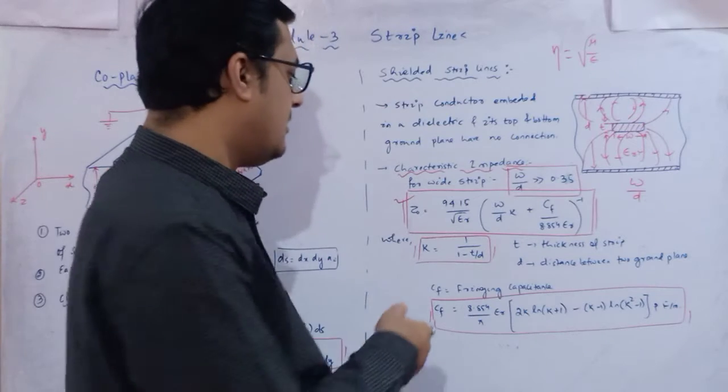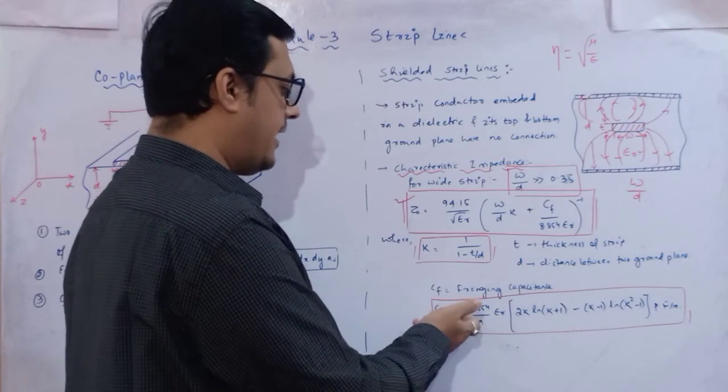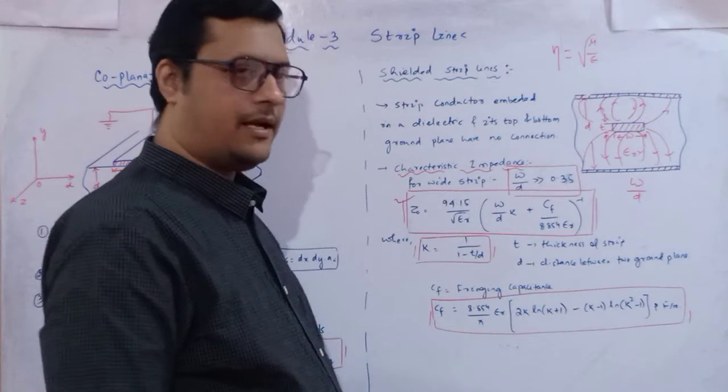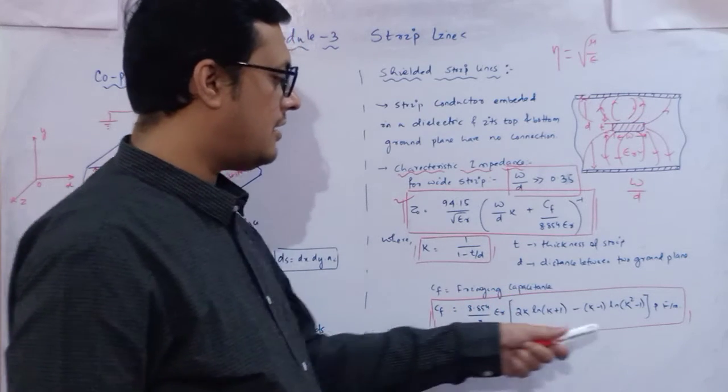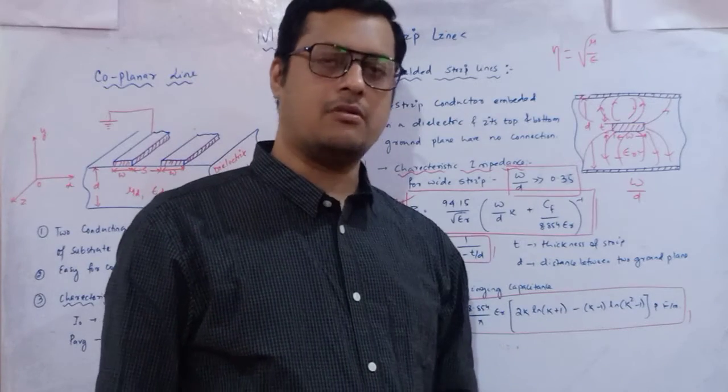Okay. So the fringing capacitance is 8.854 divided by pi, epsilon r, 2k ln of (k plus 1) minus (k minus 1) ln of (k squared minus 1), in picofarad per meter.